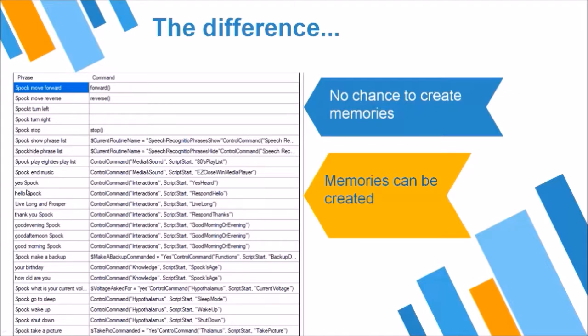This is where I say hello Spock, and he's programmed with the ability to say hello back. Or where I've programmed him so that if I say good evening, he knows what time of day it is and responds with either good morning or good evening, depending on the time of day. So that's something where I speak to him, and then he can take this action.